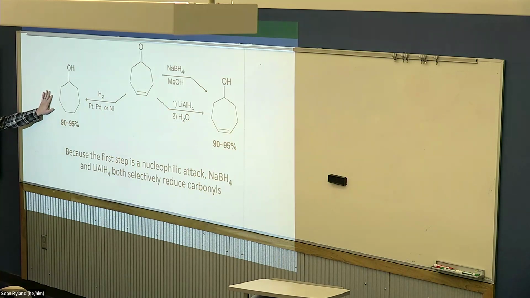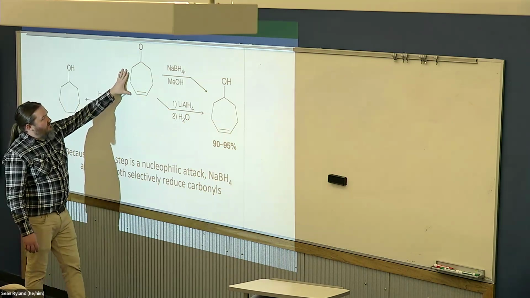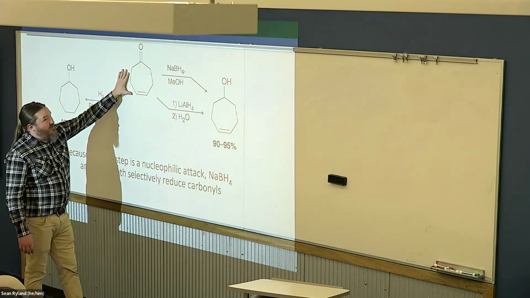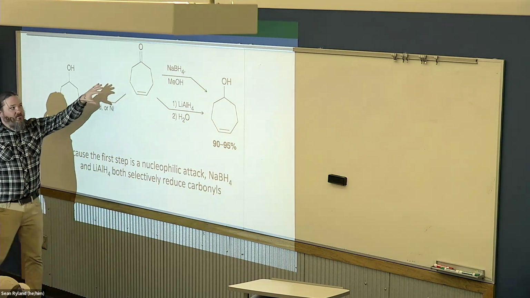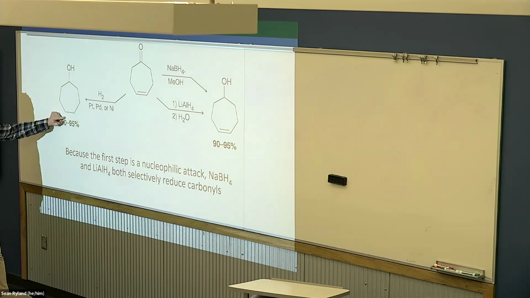One, if we want to reduce every pi bond, we can do hydrogenation at super high temperatures and pressures. So we can take this heptanone and reduce everything to get it into being cycloheptanol.